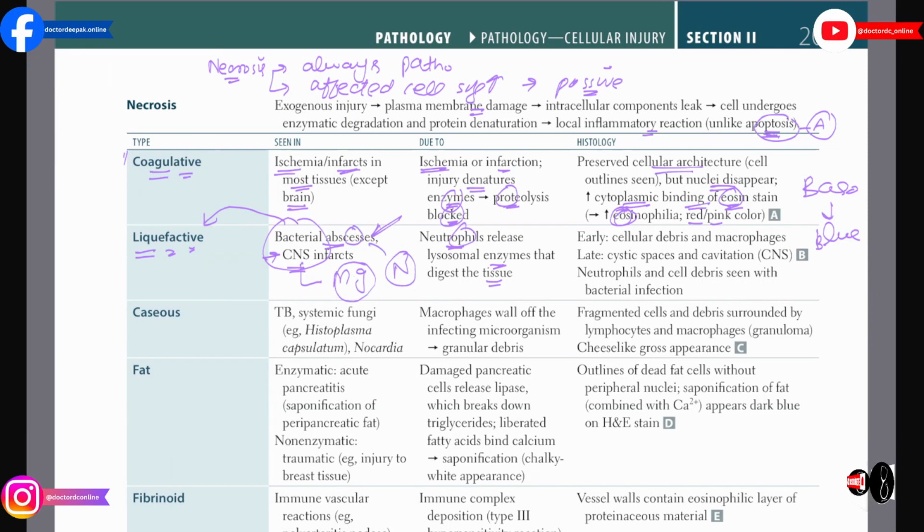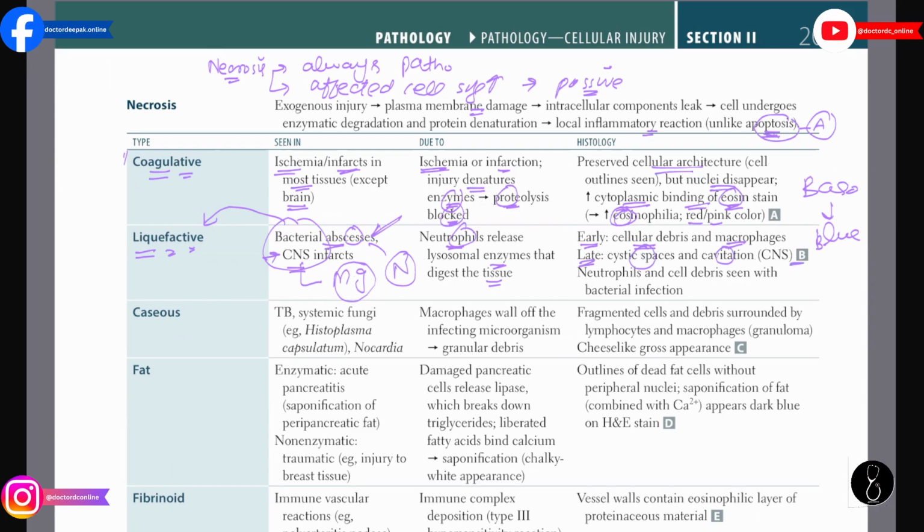If you see under histology, in the early case of liquefaction, you will get cellular debris and macrophages. This is the hallmark of early liquefactive necrosis. But what about the late case? In the late case, you will see cystic spaces and cavitation. We will see this after completing this page, on the diagram.